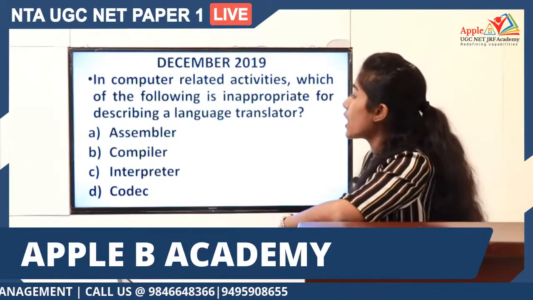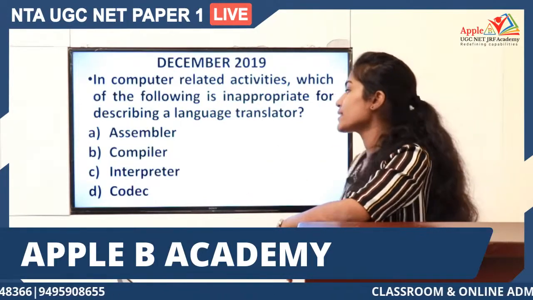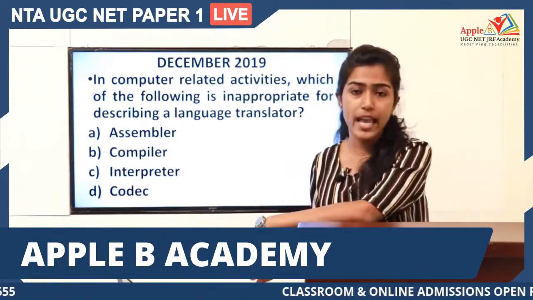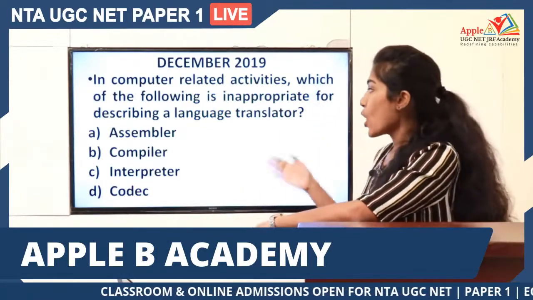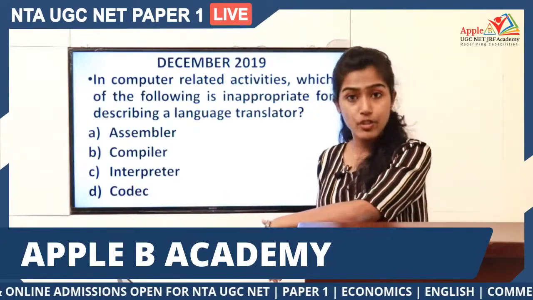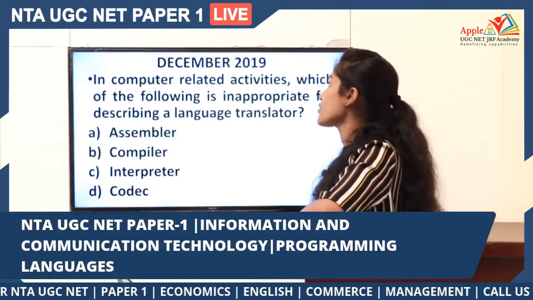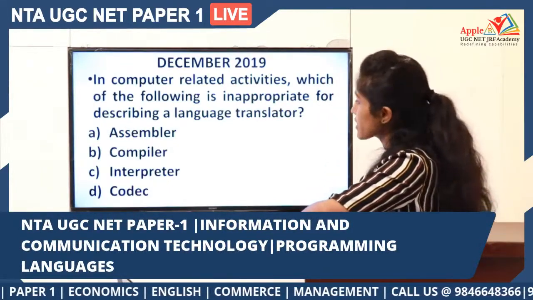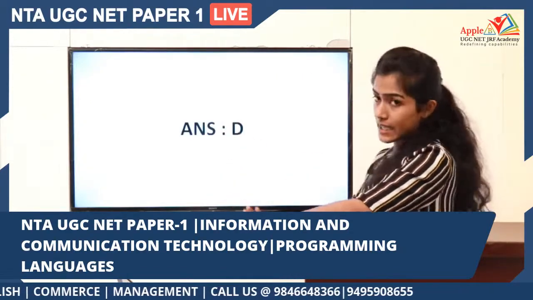So from the options, which is inappropriate for describing a language translator, that is option D, obviously, codec. We haven't studied something like codec as a language translator. So options A, B, and C are translators, they are language processors. And the correct answer is option D, that is codec.